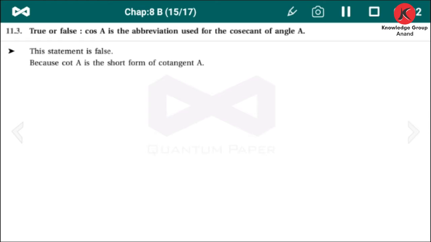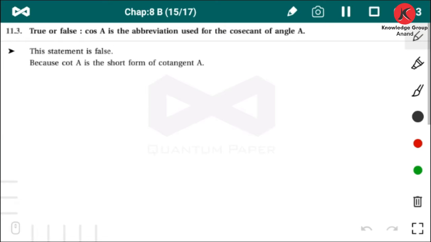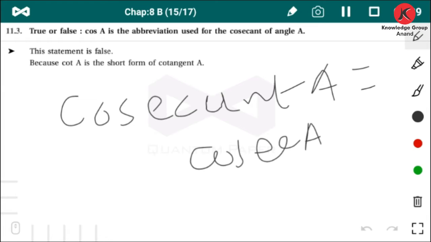The short form of cosecant is cosec A, not cos A. Therefore, this statement is false.